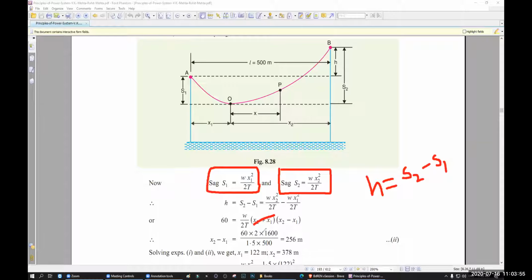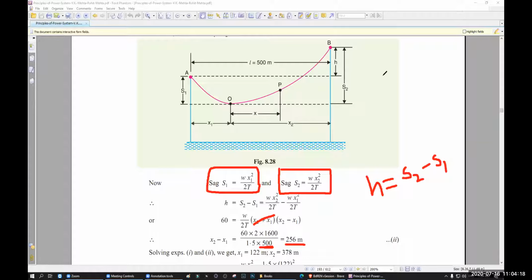So 60, 2T, T is equal to 1600, W is equal to 1.5, into 500. Why 500? Because that is the length, that means x2 plus x1. That will go there. So what is the value of x2 minus x1?